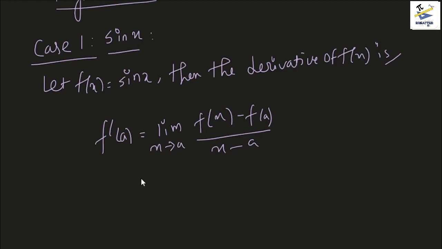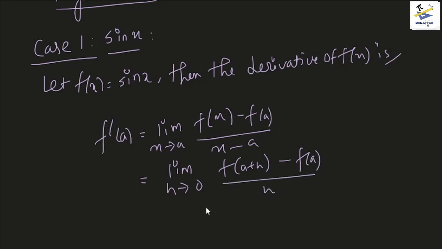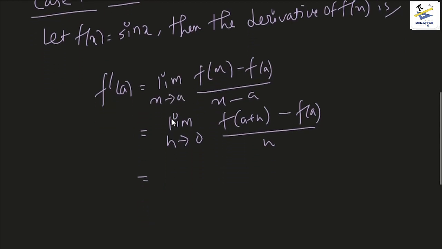This is limit h tends to 0 of f of a plus h minus f of a divided by h. This is a more standard definition of derivatives, and I think this is more useful than the other one, because the first one is usually the one where we convert from limit to derivatives, but this one actually helps us to find the derivatives of elementary functions directly from the limit.